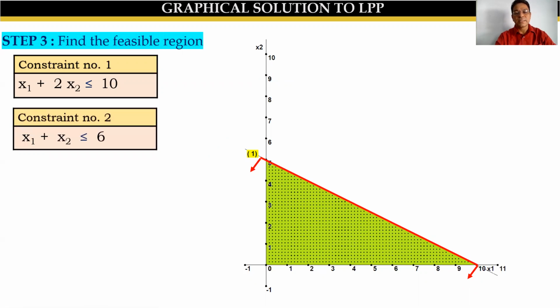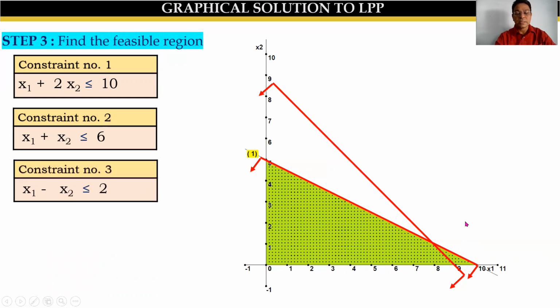But the second constraint says that you can include this portion, but this portion has to be excluded. But then this is not accepted by the first constraint. So anyway, this region is not part of our feasible solution. What has the second constraint done? The second constraint has reduced the feasible region. Now this portion is not part of the feasible region. What does the third constraint say?